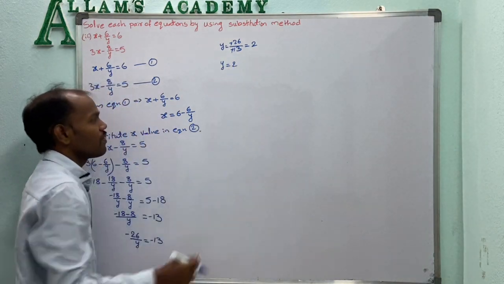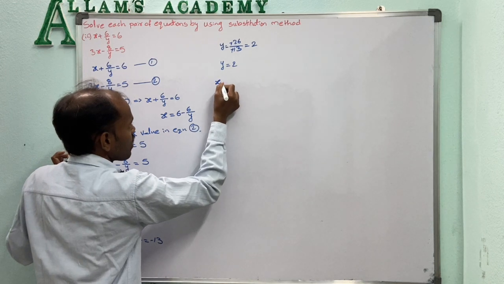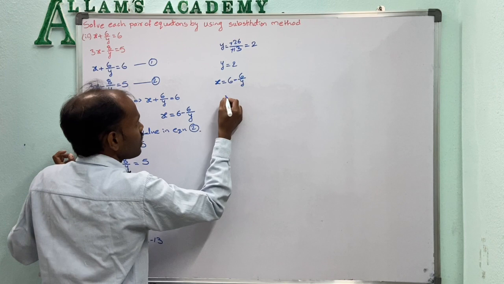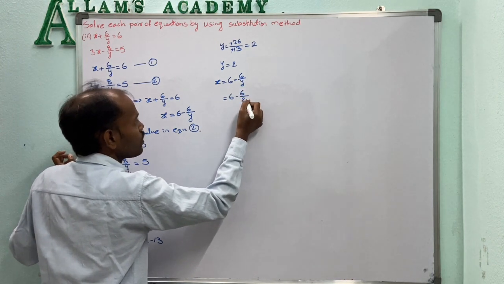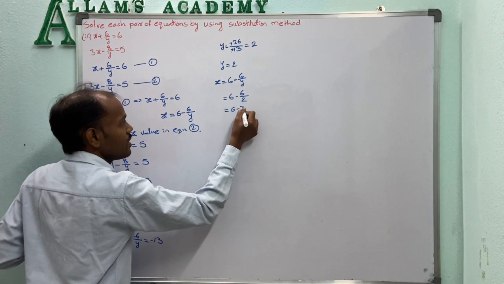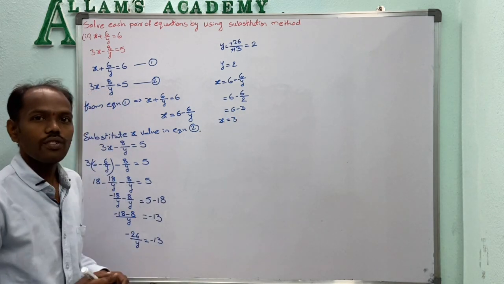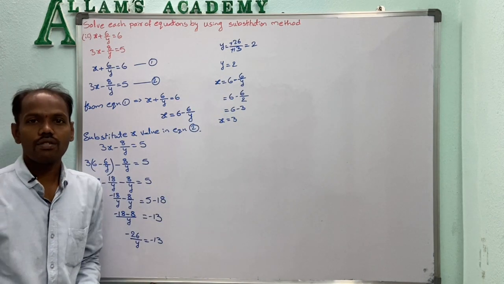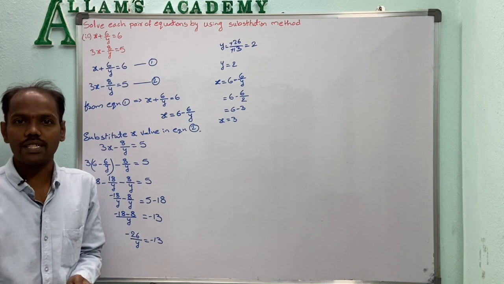Now substituting this y value here, x equal to 6 minus 6 by y, that equals 6 minus 6 by 2. 2 threes are 6, so 6 minus 3, which is 3. So we get x value as 3, y value as 2 for this pair of linear equations.